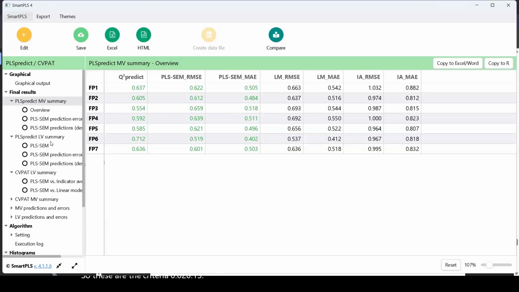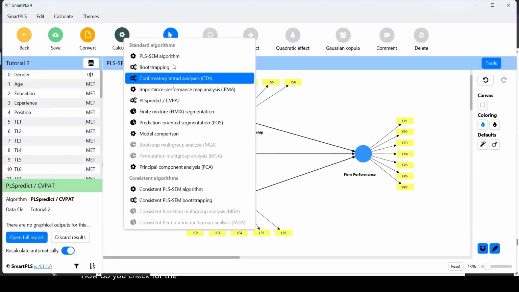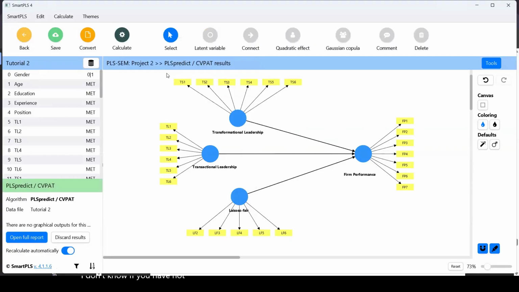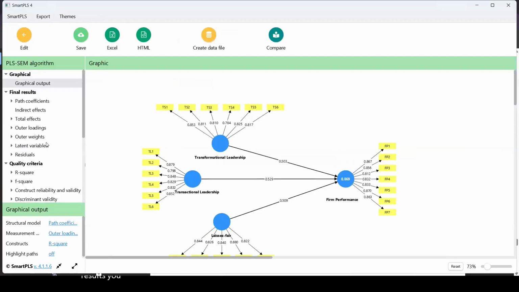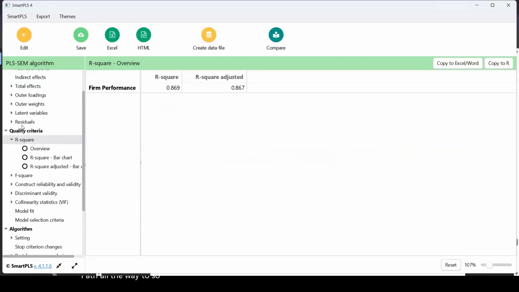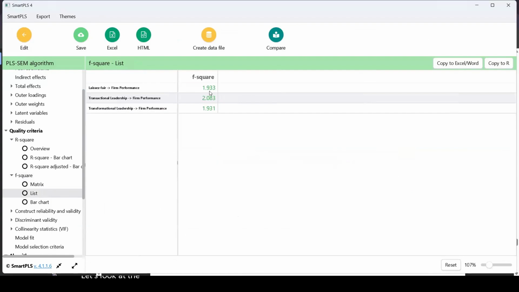So how do you check for your F square? I don't know if you have not done that. Let's see that. You go to the PLS-SEM, you run and see the results. You go to reports. In this list, you're going to see path all the way to the criteria. You have R square and then we have the F square. Let's look at the list. You have 1.9, 2.083, and so on.